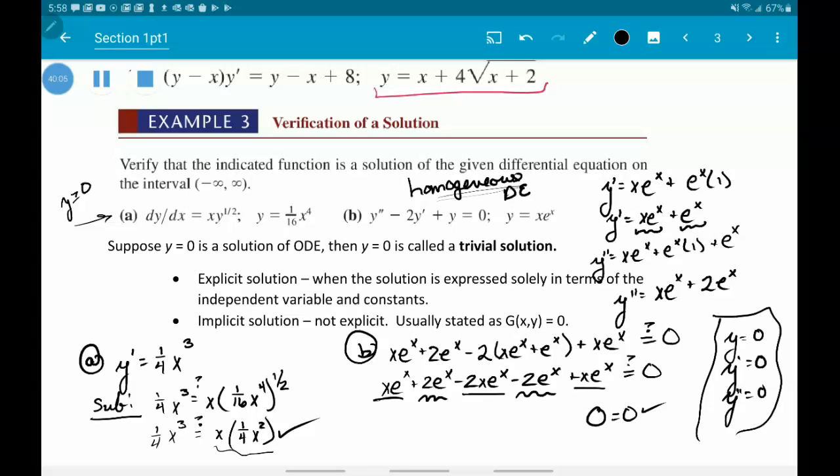Well, there are no issues that are going to happen with that restriction on y. So I would say that the domain for this would be all real numbers. Any x value will work. For B, if we talk about the domain, there's no restrictions over here. This one is good everywhere. So the domain is going to be all real numbers once again.